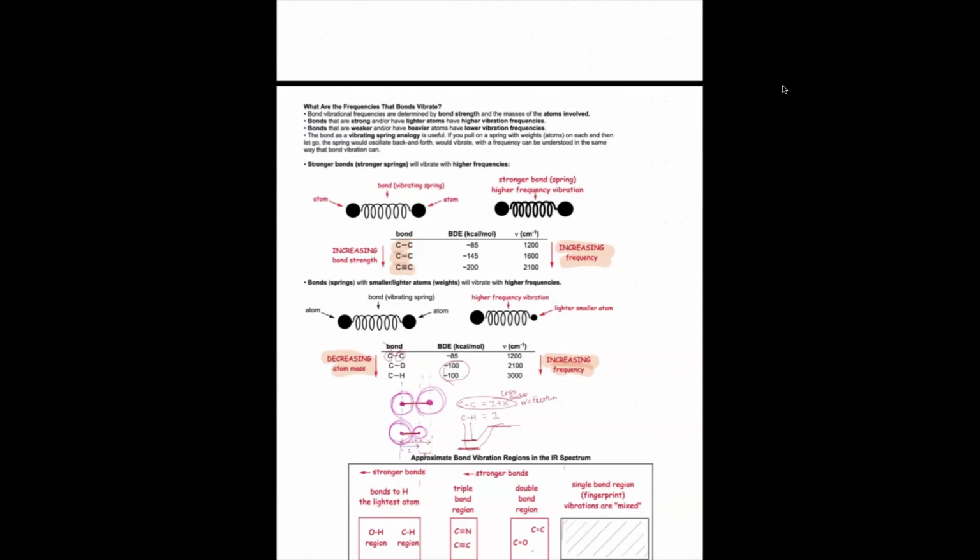So your double bond will be increased slightly, right? Even on the CC we have it around 1600, and here I think the C double bond O is like 18 or something. Let me look. Yeah, so it's in the 2000s.